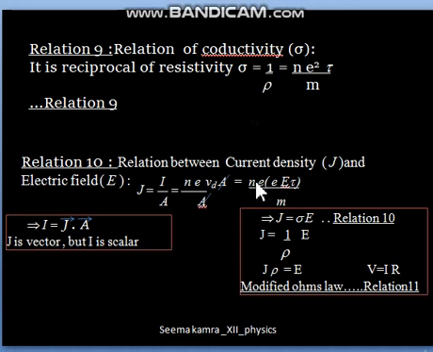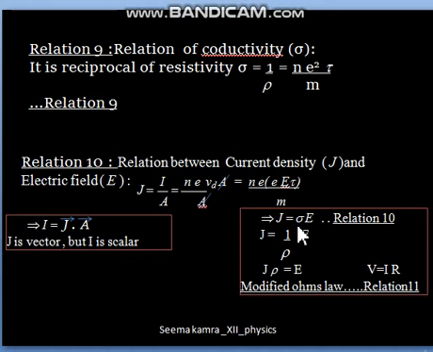So if we separate ne²τ/m, then only E will be remaining extra. This way sigma and E will be remaining in the J relation. So we can learn this as relation number 10. The J and E relation is J = σE.